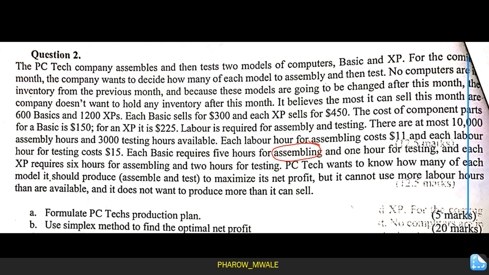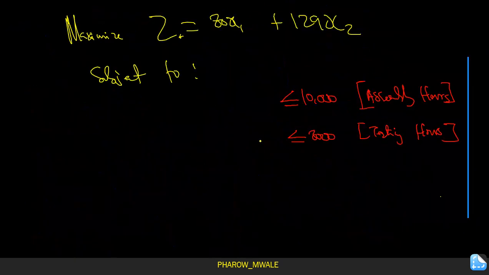Now they have told us that each basic requires 5 hours of assembling. We need to find the total number of hours we are going to spend assembling basic computers.